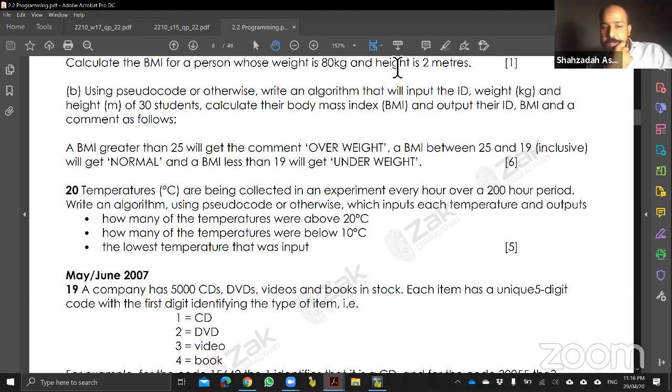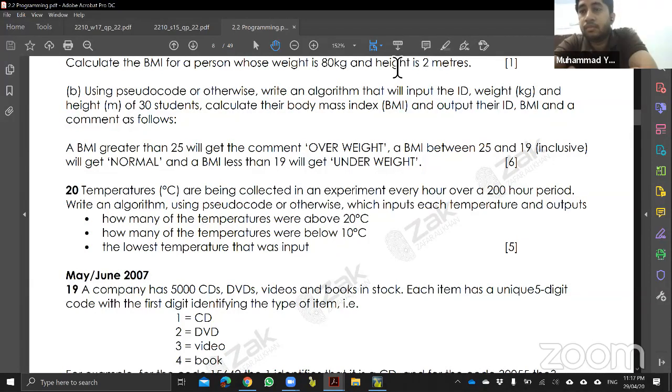Temperatures are being collected in an experiment every hour over a 200 hour period. So we can see by looking at this question that we have to input 200 readings. So we can use a for next loop, it's preferred. So for count is equal to 1 to 200, or for temperature is equal to 1 to 200. We have to write an algorithm using pseudocode, which will input temperature. So our input variable is temperature.